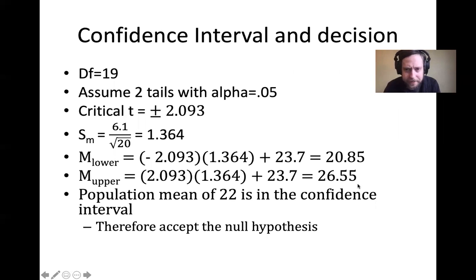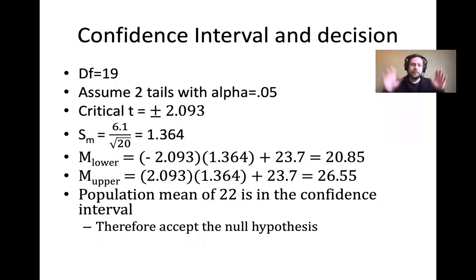And then this is something that I did mention before, though it's probably one of the more conceptually difficult aspects of confidence intervals: how you make a decision whether to accept or reject the null hypothesis. The answer is if your population mean falls inside that 95% confidence interval, then you accept the null hypothesis.